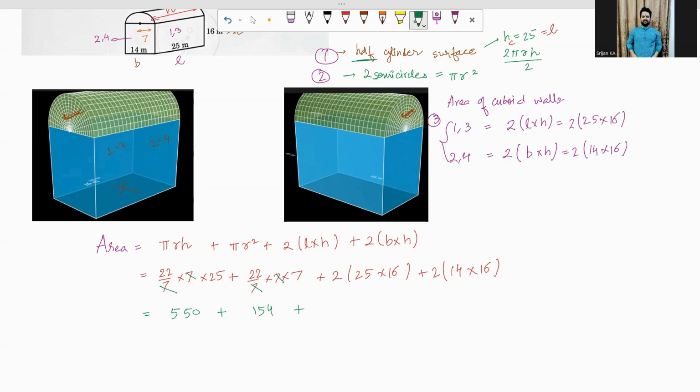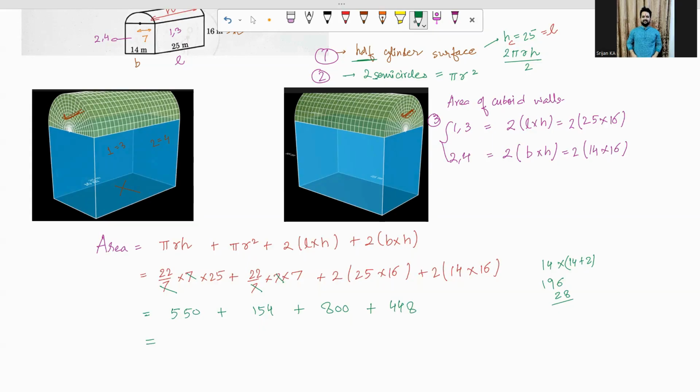And this is 25 into 16, which is 400, times 2, so 800. And this is 14 into 16, which is 224, into 2, 448. We just need to add these up and we'll have our answer.